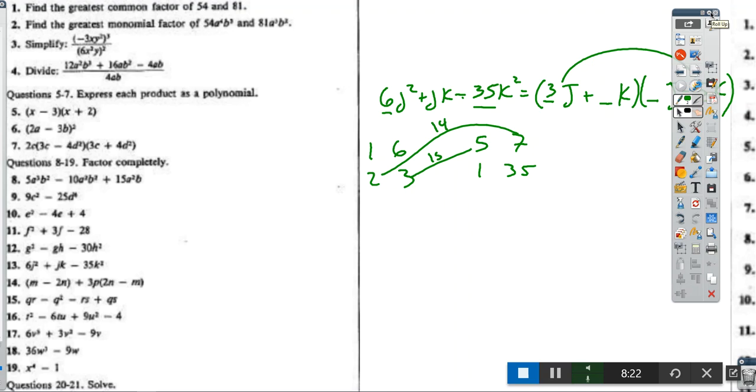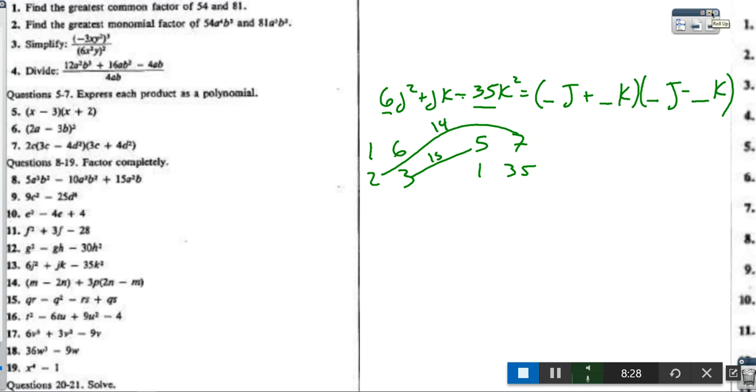So in that case, the 5 has to be positive to get positive 15jk, okay? Which means the remaining 2 and the remaining 7 have to go here. When I multiply these together, I get negative 14jk. All right, so there's my answer.